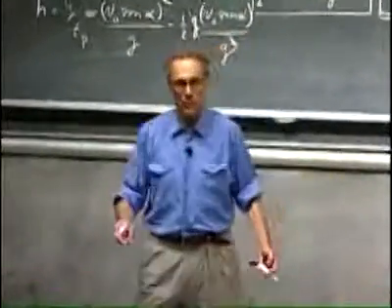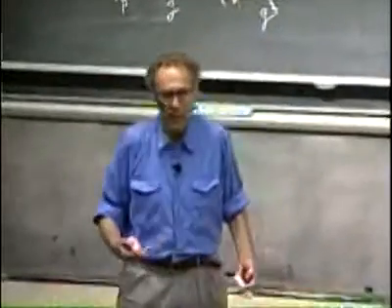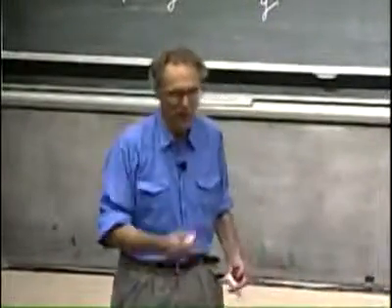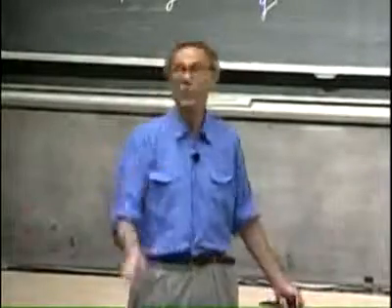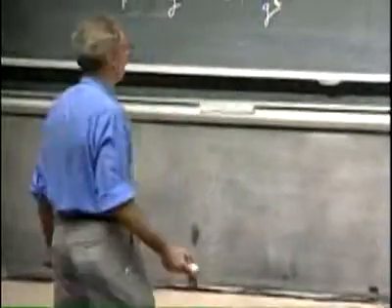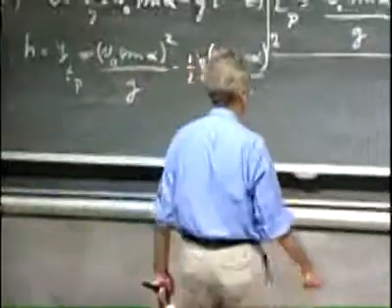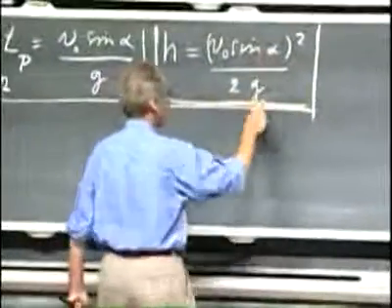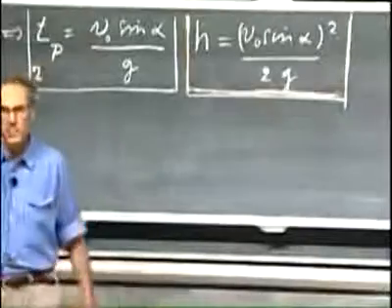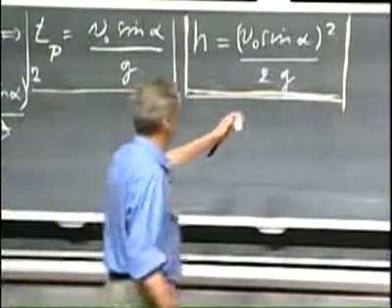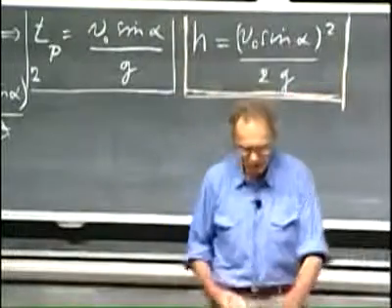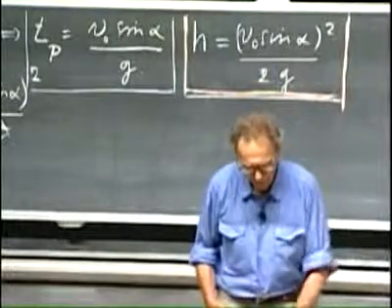Of course. You all feel in your stomach that the highest possible value you can get is when you make alpha 90 degrees for a given velocity. That's the highest it will go in the sky. So clearly this is also very pleasing. If you did the experiment on the moon, with the same initial speed, it will go much higher. So you're also happy to see that this g here is downstairs. So that makes sense.